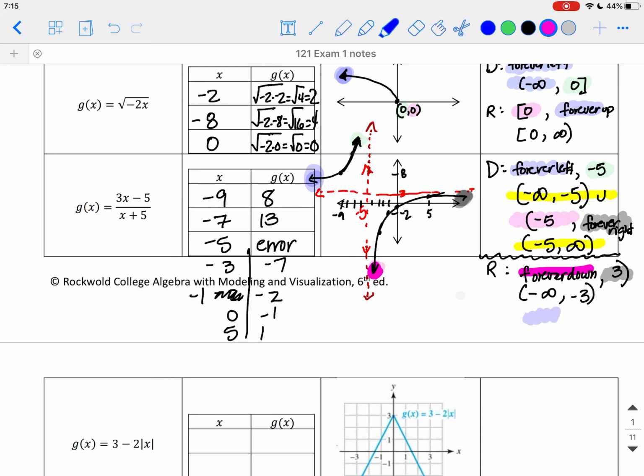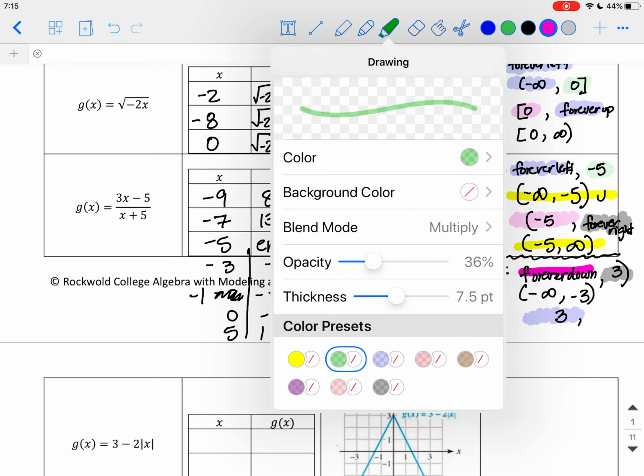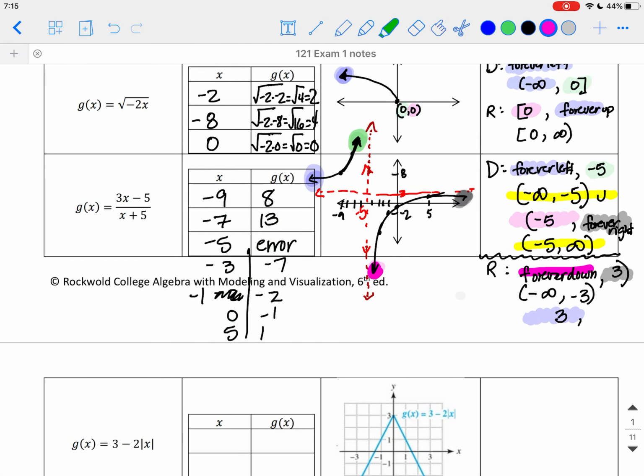So I'm going to put it here, and it's going to be 3, comma, and then this part that's already highlighted in green is going to go forever up. So that's going to be parentheses 3, comma, infinity, always with parentheses.